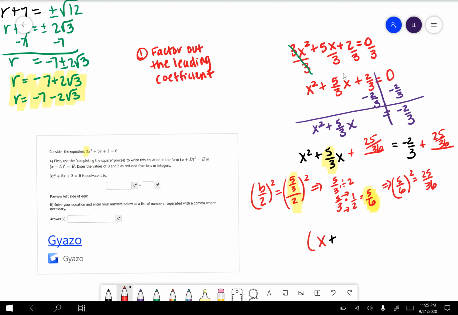So x plus 5/6 squared is equal to negative 2/3 plus 25/36, which we need to combine like terms to find that answer.